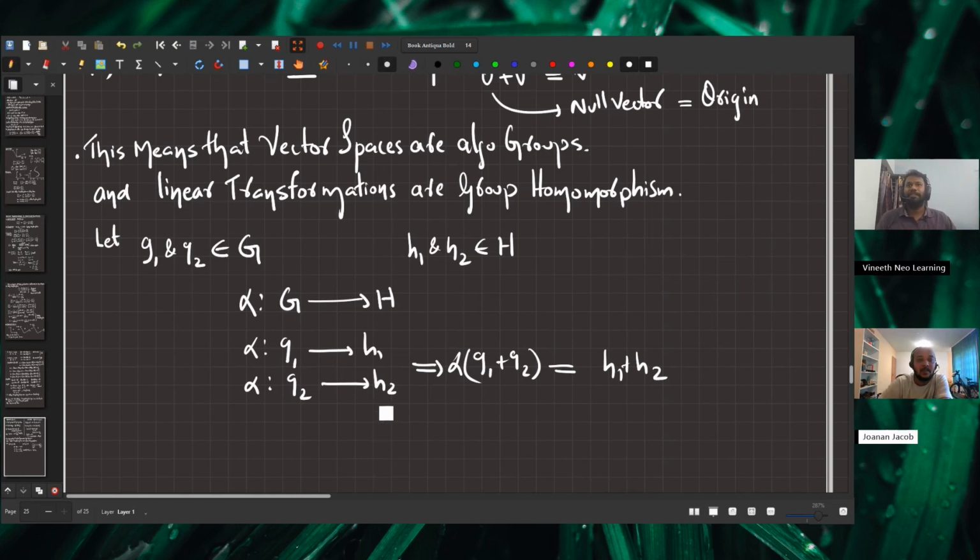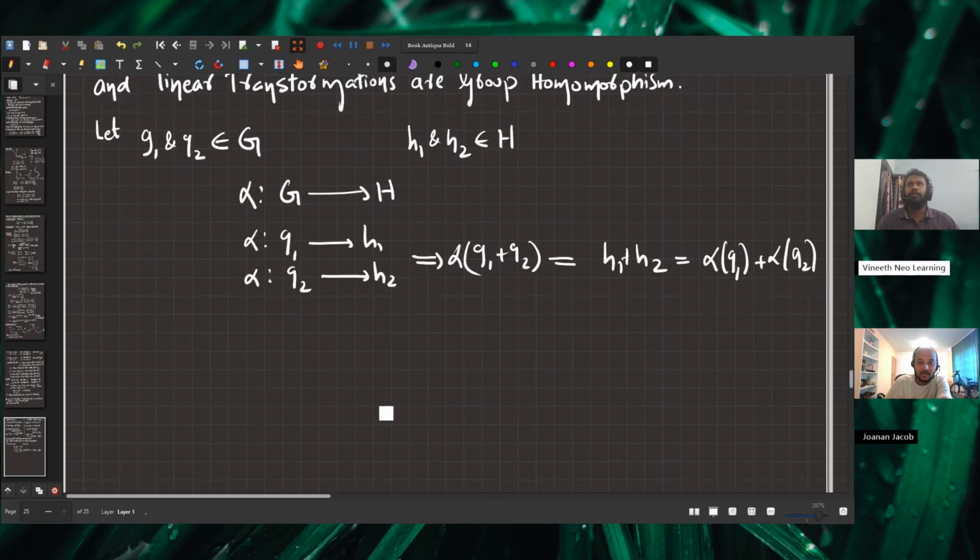What is H1? H1 is actually f of G1. Here we call the map alpha. So H1 is alpha of G1, and alpha of G1 plus G2 gives alpha of G1 plus alpha of G2. This is the homomorphism condition. This kind of map is called a homomorphism, and if such a map exists between two groups, we say that those two groups are homomorphic.